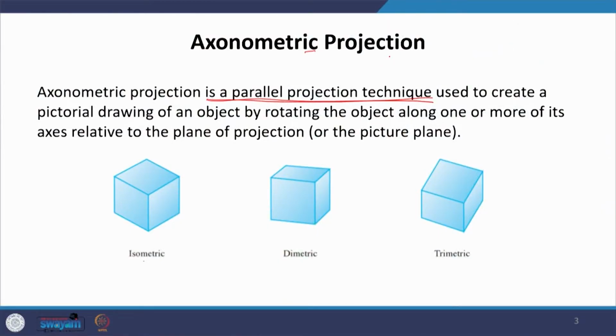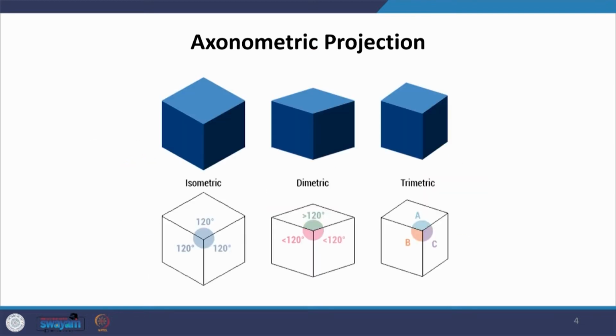Now, axonometric projection has three types of projections. One is isometric, which is what you have already seen. There is another one which is called a dimetric projection, and the third one is called a trimetric projection. All are axonometric projections only.